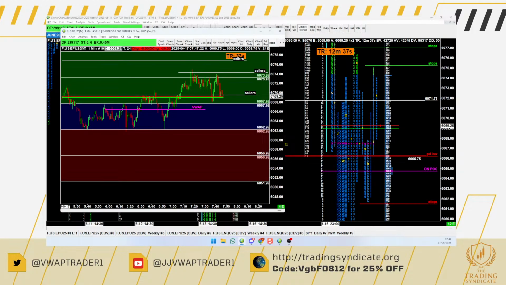None of this is random, okay? So right now we're distributing above 67. The product is priced at under 65, and we're selling it at 69. If we run out of buyers, the market will go back under 67 and three quarters and back down to VWAP, which is this purple line right here.